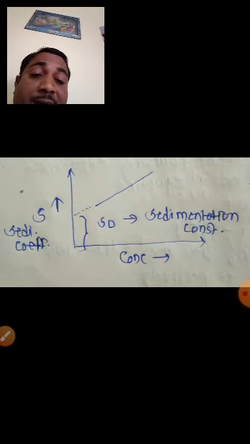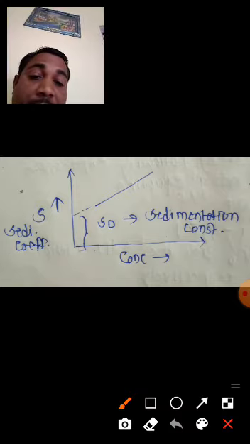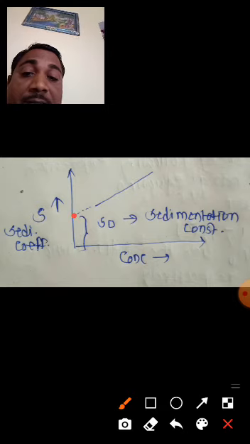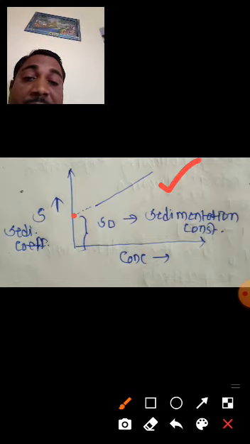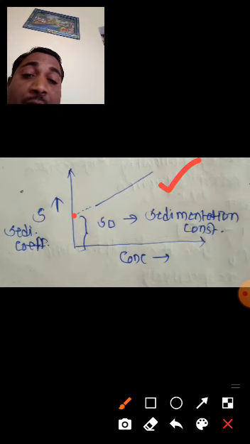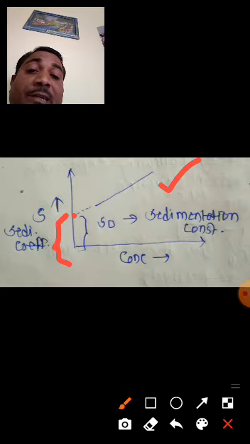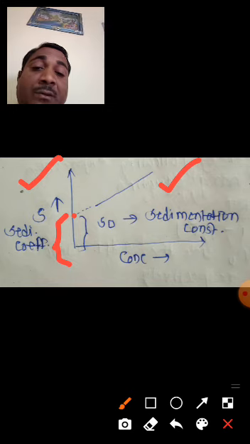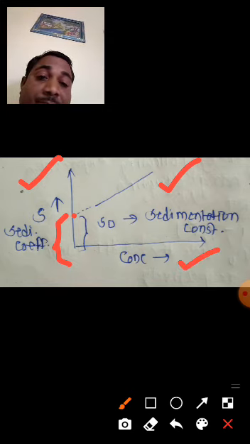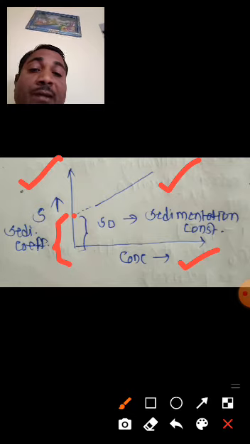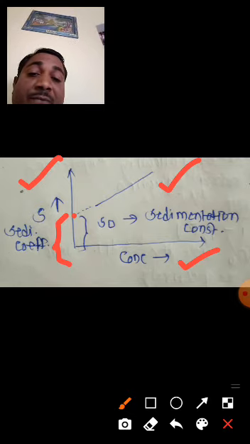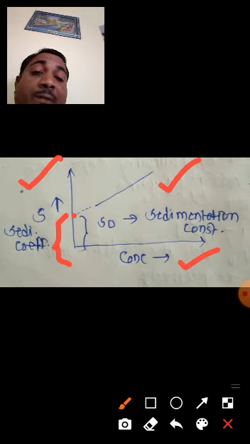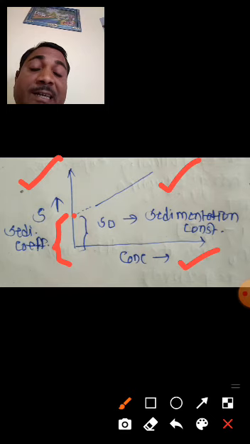If this straight line is extrapolated up to the y-axis, then we will get the value of S0, the sedimentation constant.